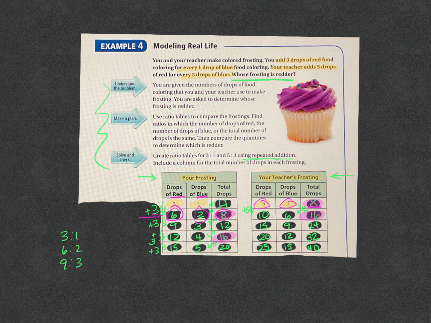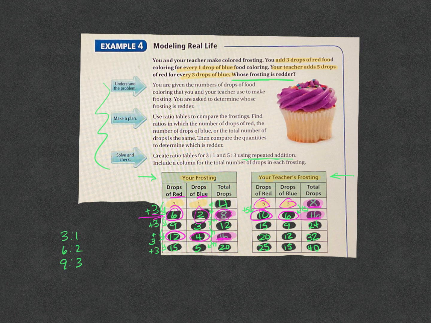That means I have more red here. So let's look at the next one. On mine, I have 12 drops of red, 4 of blue. Theirs has 10 drops of red and 6 drops of blue to give you 16. We have a total of 16. I have more red. So this just proves that my frosting is redder than my teacher's.